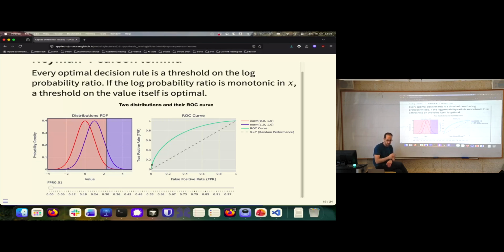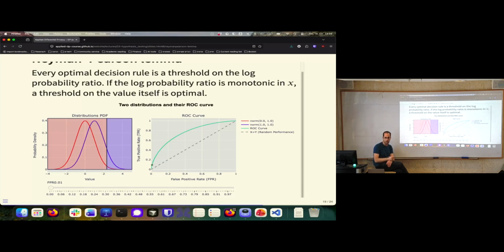But for now, let's be typical computer scientists and ignore the fact that measure theory is a thing. So any output has some probability under this distribution, some probability under that distribution, and I can sort all the outputs by the ratio or the log ratio of these two distributions.